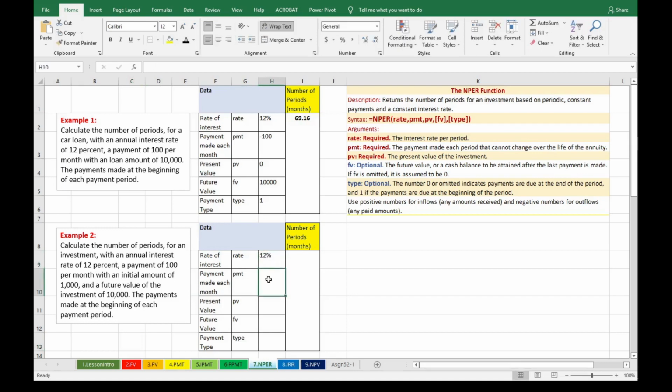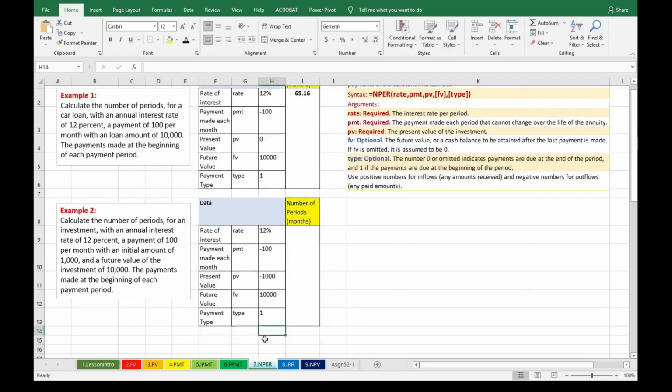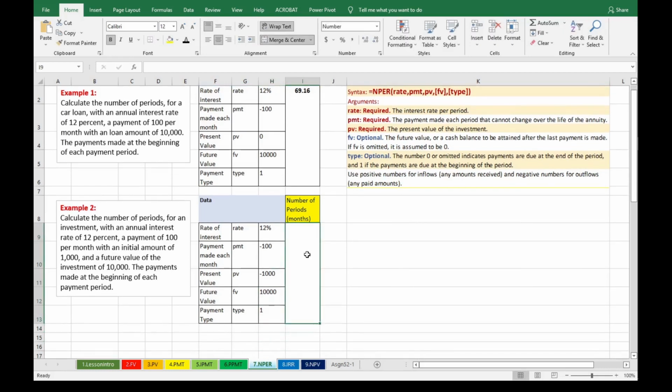Then we have payment made each month is 100 with negative sign, it's a cash outflow. The present value is 1000, which is minus 1000 because this has been already paid. Then future value is 10,000 and the payment type is 1 because it is made at the beginning of each month. So we'll put our function here, NPER.